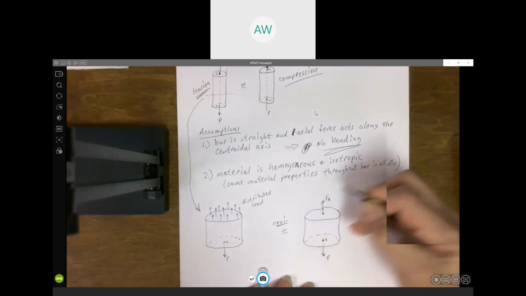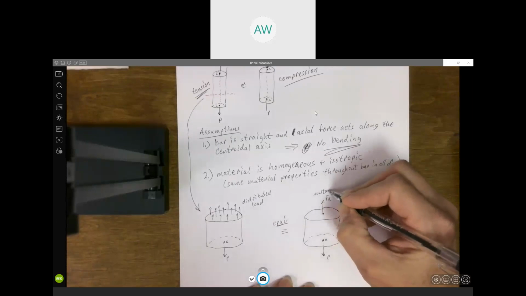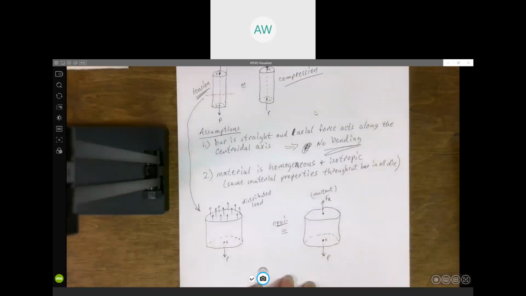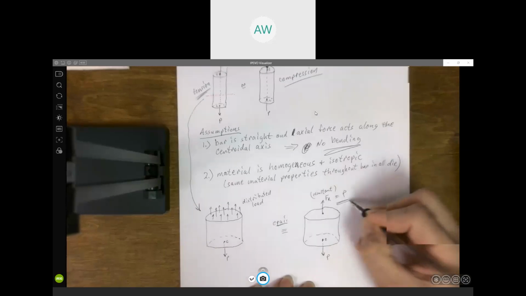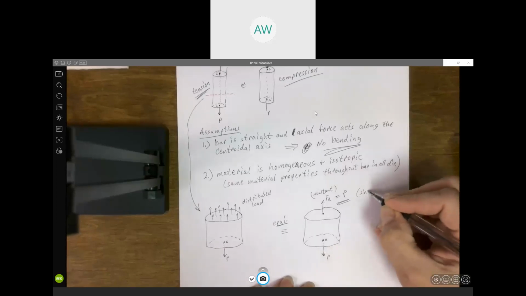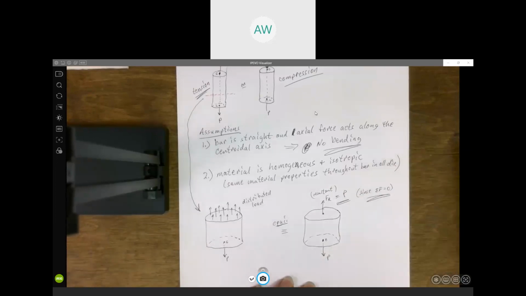So we have this resultant equivalent force from that distributed load. But equilibrium tells me that equivalent resultant force has got to be equal to P. Since the sum of forces equals 0, I've got P acting down.